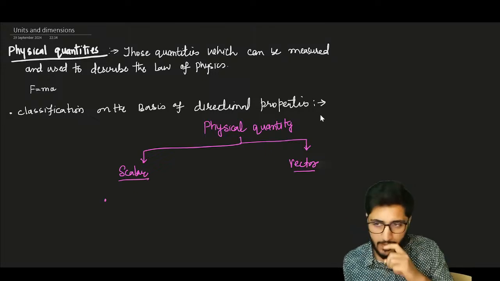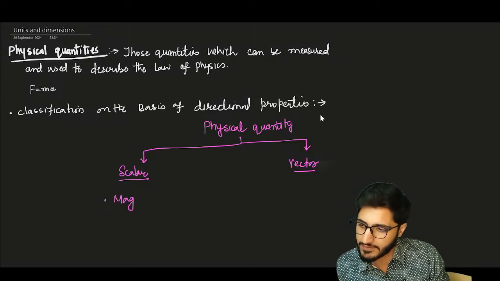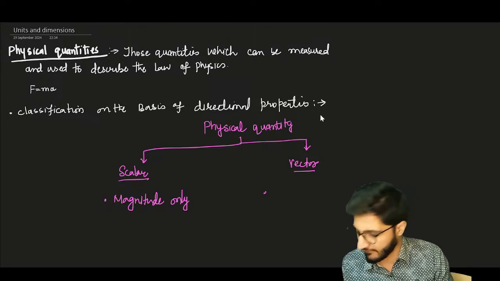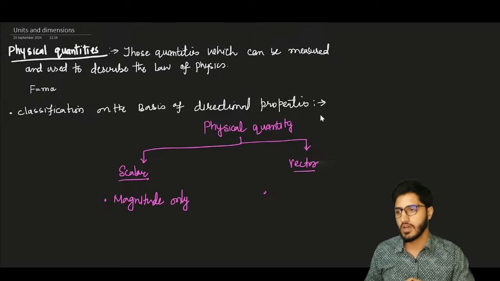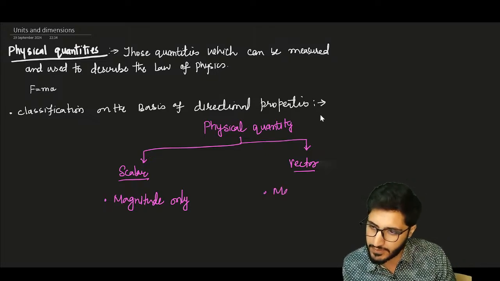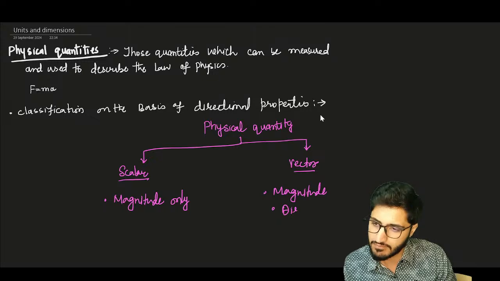Scalar quantities are those quantities in which only magnitude is present. And vectors are those quantities in which magnitude, direction, and laws of vector should be obeyed.